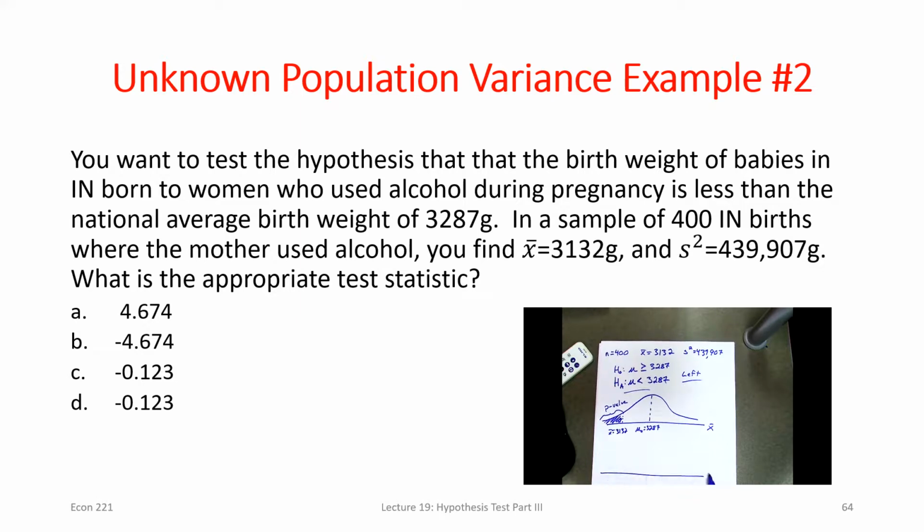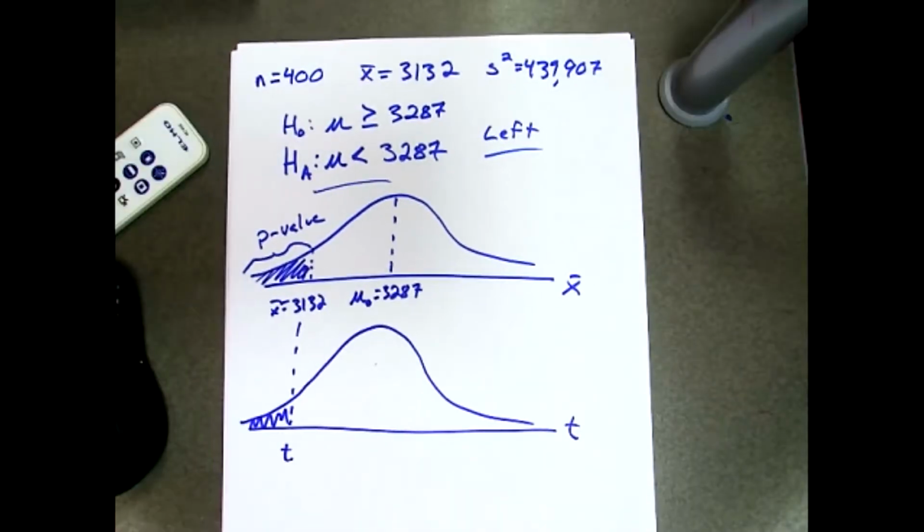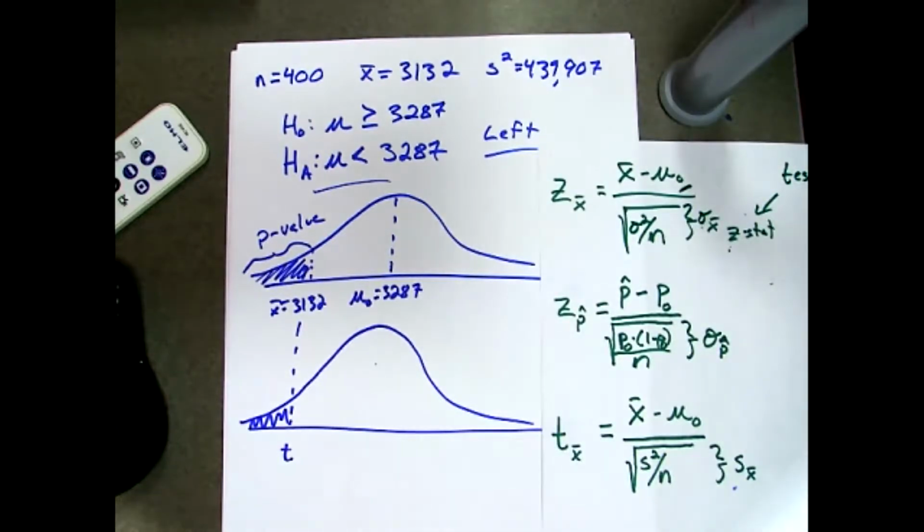So the next step is I need to turn that sample mean into a test statistic, more specifically, a t statistic. Oh, I forgot to blow this up. Sorry about that. A little bit easier to see here. So I go back to what we had earlier, which was all these different test statistic equations, and I'm just going to plug in my values.